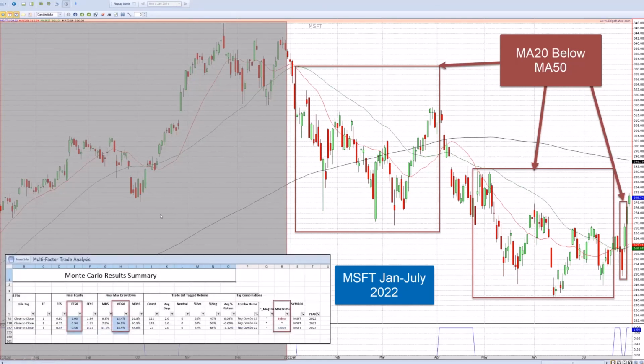here's the answer. Running this in the simulation, it's 1,000 sequences of 50 bars, is the way that this is run. And in this bear market, if you had chosen from the bag containing the bars where the 20 is below the 50, you would have actually, at the 50th percentile, been positive in those trades.